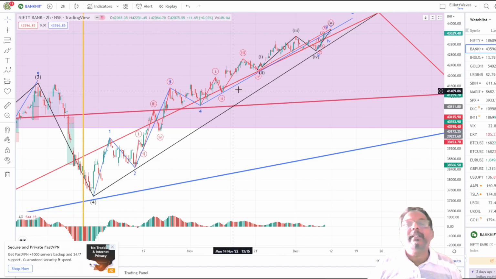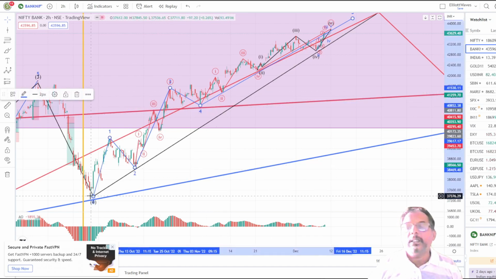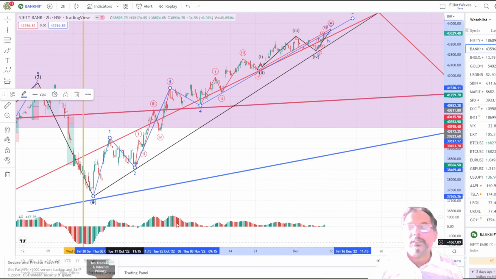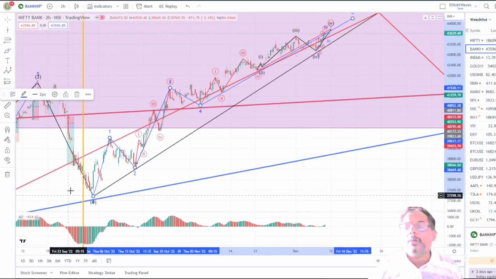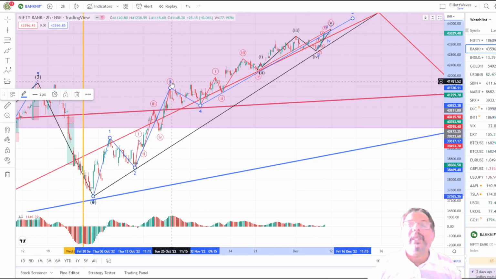So within this, you have got this cycle. I will just quickly talk about it. It started on 30th of September at 11:15. We had a 1, a 2, a 3 here, then a 4, a sideways 4, and then we are on the 5th. Again, this 5th is not yet done. That is why I have put in ahead.